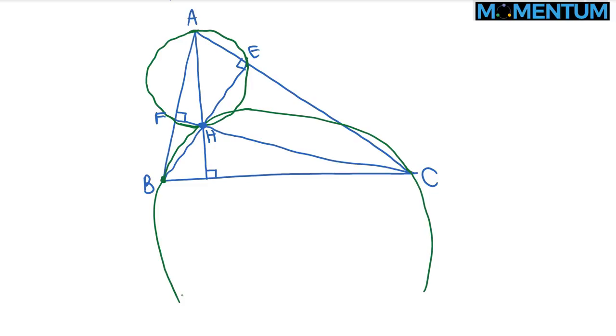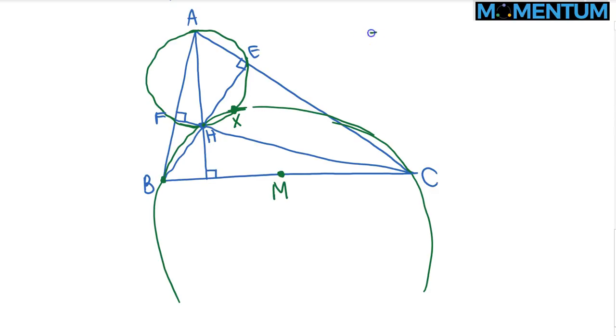So the claim is the following. The claim is that the second intersection point between these two circles, for the time being, let's label it as X, lies on the median of segment BC, so in that case the point M. The picture is not that clear after all, but I hope I'm not confusing anybody.